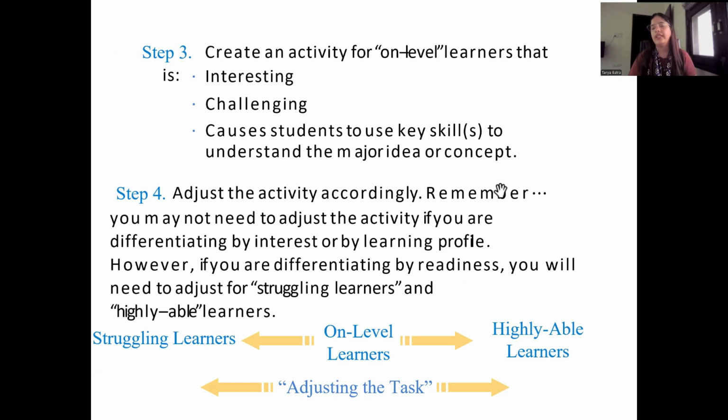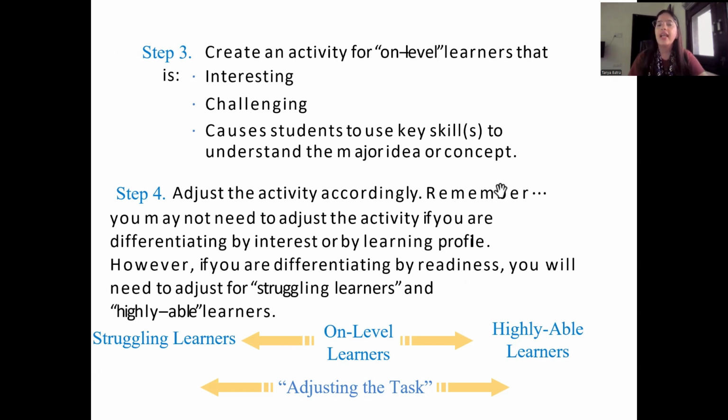Then adjust the activity. After that activity, you will get the baseline, that how much the student is able to perform that activity, who all are the struggling learners, who all are the high able learners, that is the gifted learners. Then adjusting the activity according to the learners. ठीक है, struggling learners के लिए activity अलग से डिजाइन करना, high able learners और gifted learners के लिए अलग से activity डिजाइन करना, and on level learners के लिए जो आपने activity plan करी थी, that is effective.